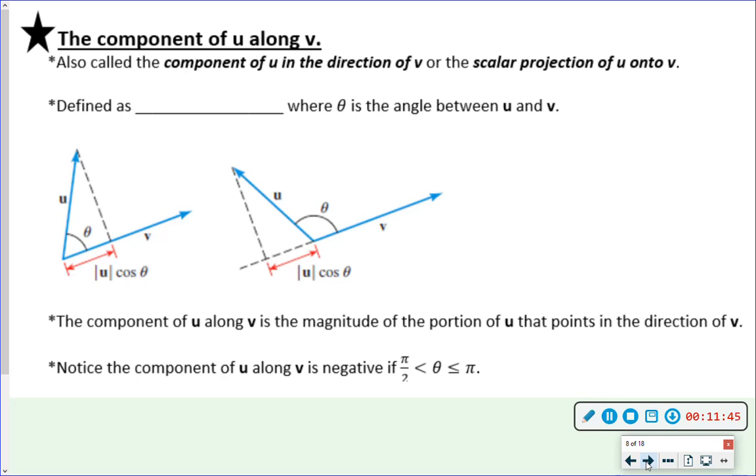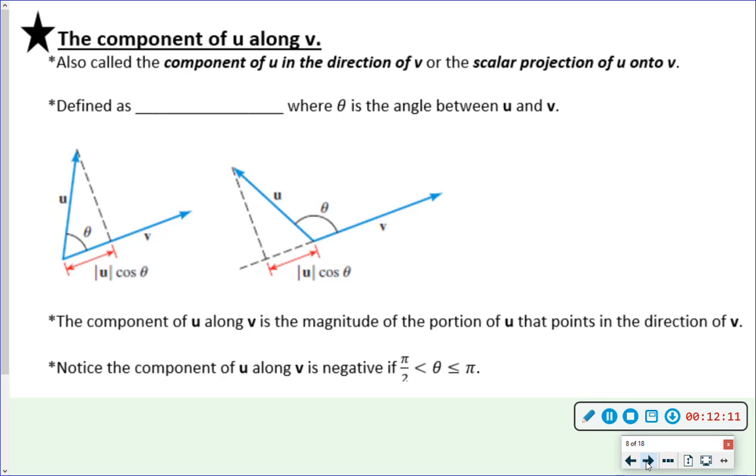So, the component of U along V. Now, of course, in math, we have to have like 5 different words to represent the same thing. Sometimes you will hear it, I've seen it used a lot, the scalar projection of U onto V, so I just threw that on there. Just to keep it consistent with your formula sheet, I'm going to use the component of U along V to make it easy for you.